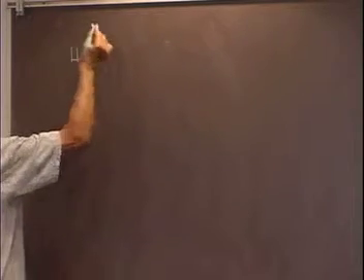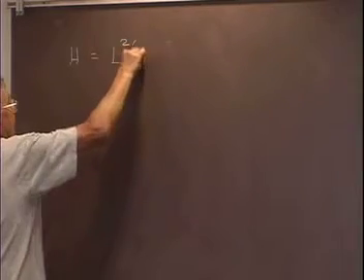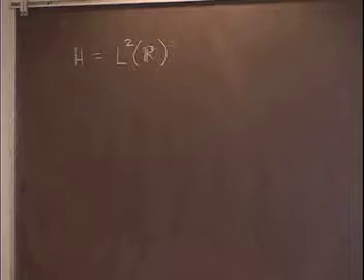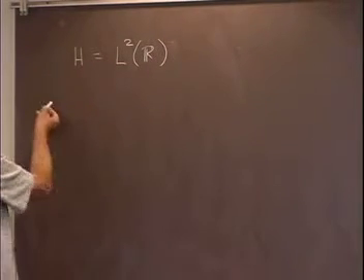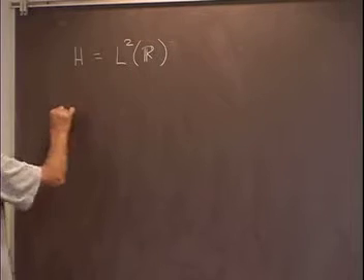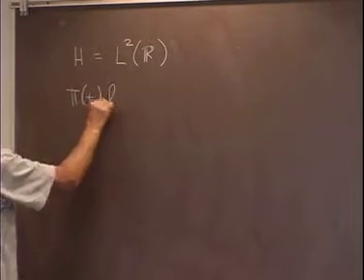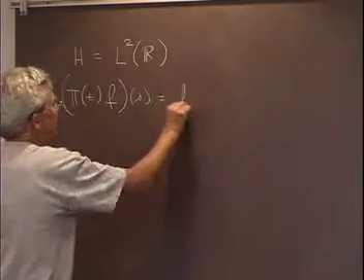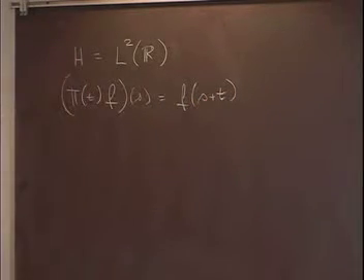Let me give you a simple example. Let's look at L2 of R, and I can consider a unitary representation of the real line, which is given by pi of t applied to f at the point s is f of s plus t, just the action by translations.